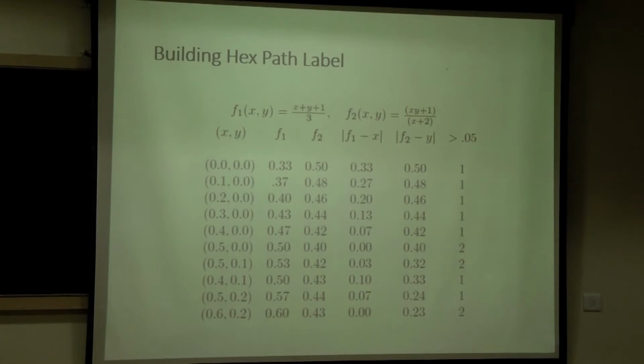So I can plot that point somewhere here. It will be, because (x plus y plus 1) over 3 is also going to be between 0 and 1. (xy plus 1) over (x plus 2) is also going to be between 0 and 1, because xy is anyway less than or equal to x, and 1 is less than 2, so (xy plus 1) over (x plus 2) will be between 0 and 1.